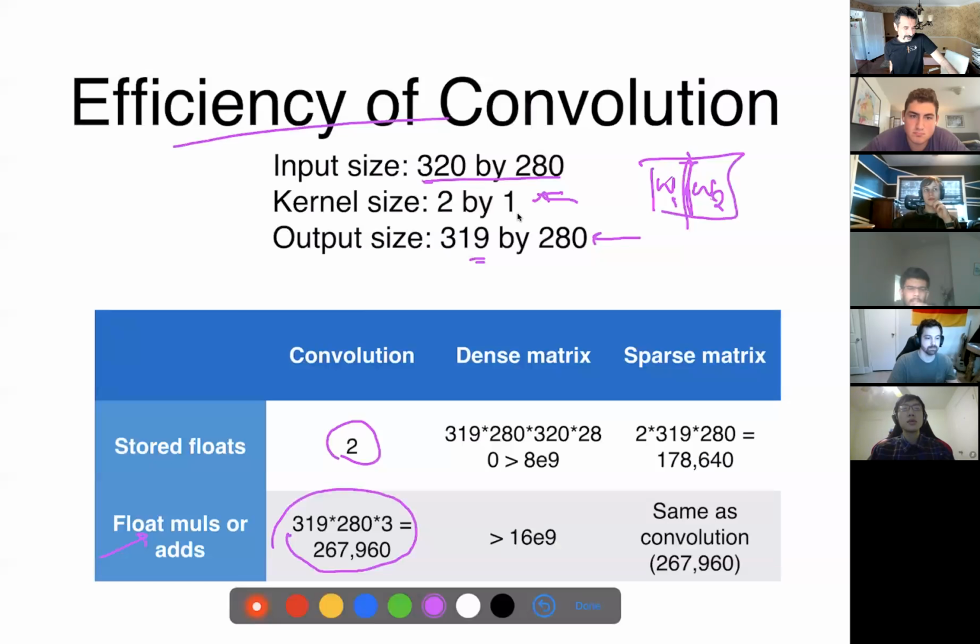That's the matrix corresponding to the features of each input. So 319 times 280 is the matrix associated with all the features, and then the 3 at the end is the number of nodes for each layer.